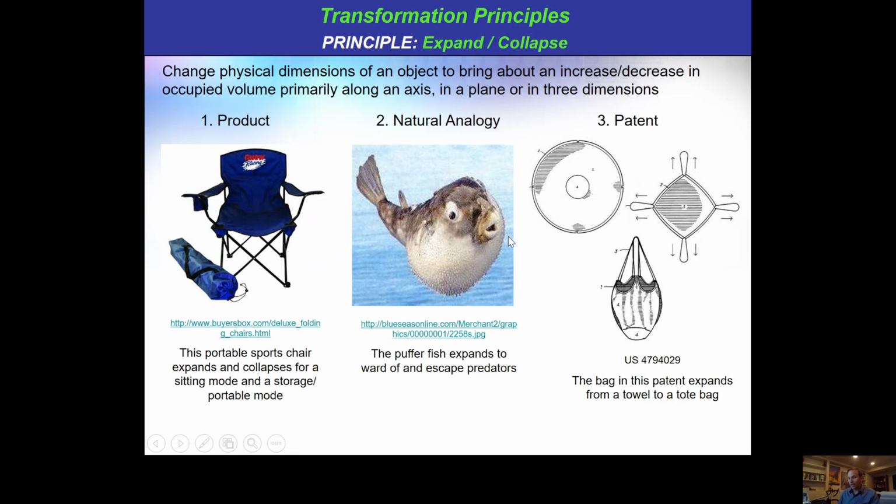The pufferfish expands not for storage, but to scare off predators, and makes itself look bigger. And then it collapses so that it can be more streamlined and can more easily travel through the water. And this is an interesting design for a beach blanket that you fold out and you throw all your junk on it, and you can fold it up, and it acts as a tote bag. So that's expand and collapse.